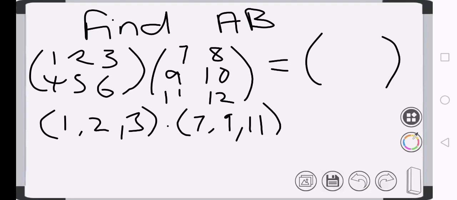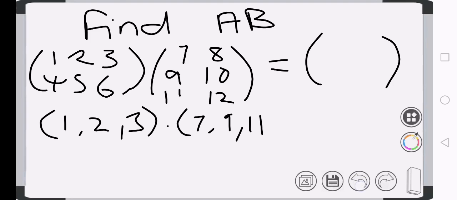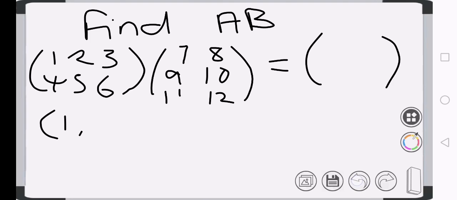So 1 times 7 plus 2 times 9 plus 3 times 11. So if you find the solution for this on your calculator, it will give you 58. Have you seen? So that's our first element, 58.